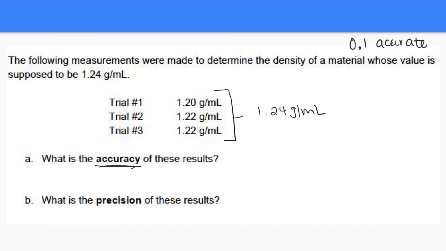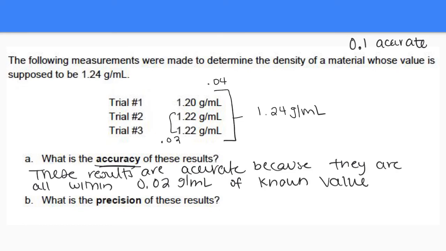And they are. 1.20 is only 0.04 away, and then these 2 are only 0.02 away. So I am going to say that these results are accurate. I have written down these results are accurate because they are all within 0.02 grams per milliliter of the known value. So these are fairly accurate results.